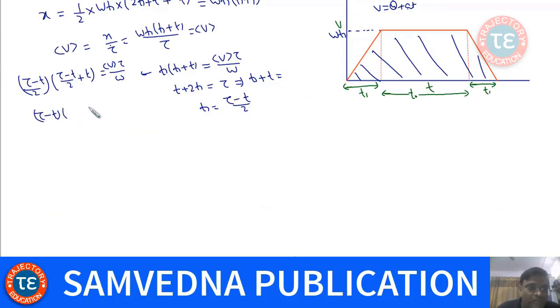This is going to be tau minus T, and this is going to be tau plus T upon 4. So this is tau square minus T square, and this is 4 upon W. This is W, not omega, W. So what do you get?